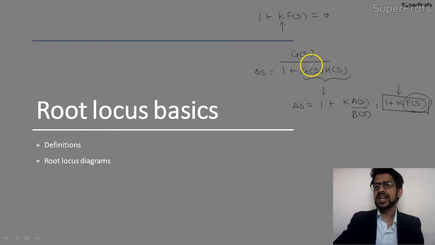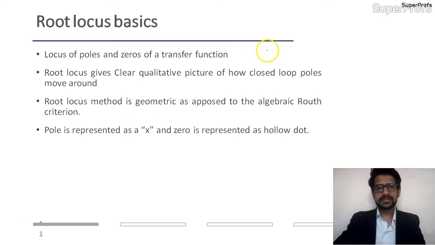This is exactly how we will find many values of s for different values of k, find the locus of roots, and draw a root locus diagram. Let us see some basics regarding the root locus technique.